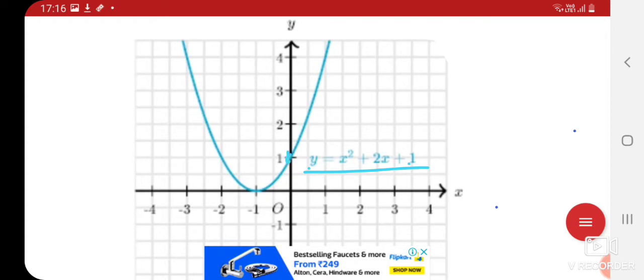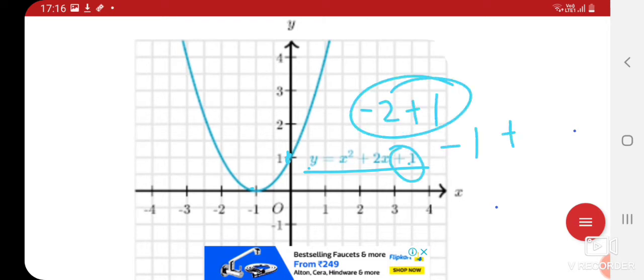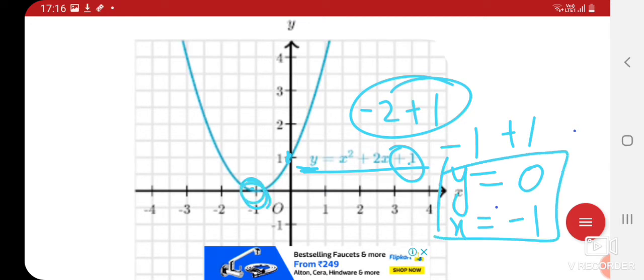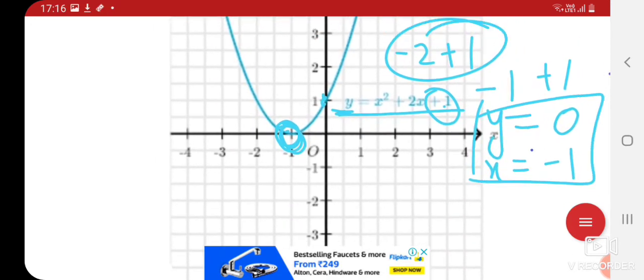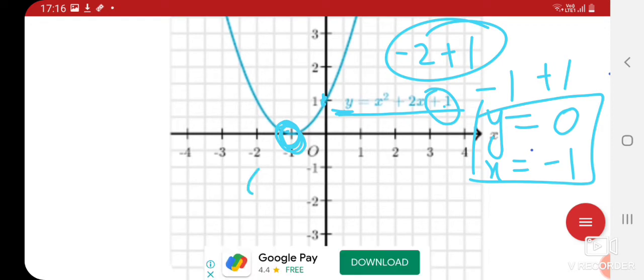When you put it as minus 1, then what you will get is minus 1 square, that is 1, and minus 1, that is minus 2, minus 2 and plus 1, which will be minus 1, and this plus 1, which will give you 0. That means when you put x equals minus 1 you get y equals 0. That's the same point here, which will be said to be minus 1 and 0. Is it clear?